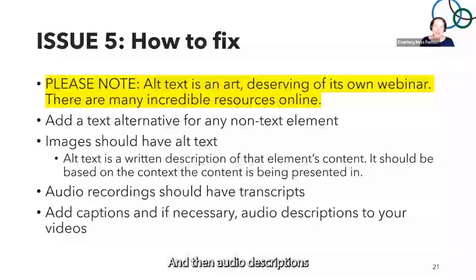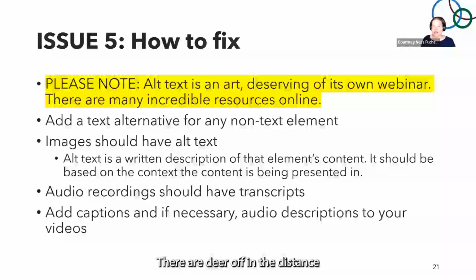And then audio descriptions are like alt text for video content. So if you are a blind consumer of media, and you're listening to the video, but you can't see the images that are on the screen, say it's a movie, an audio description will tell you, okay, we are set in a forest here.